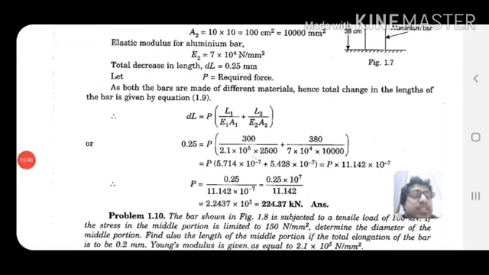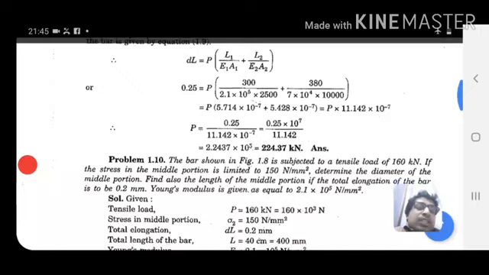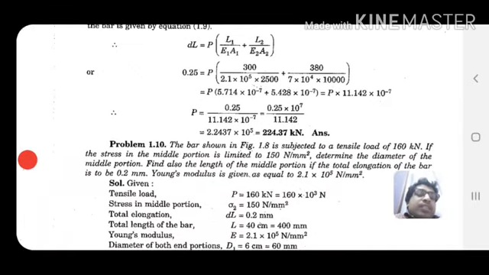So DL is equal to P into L1 by E1A1 plus L2 divided by E2A2. So 0.25, that is the total elongation given in the numerical problem, 0.25 equals P into 300 divided by 2.1 into 10 to the power 5 into 2500, plus 380 divided by 7 into 10 to the power 4 into 10,000.